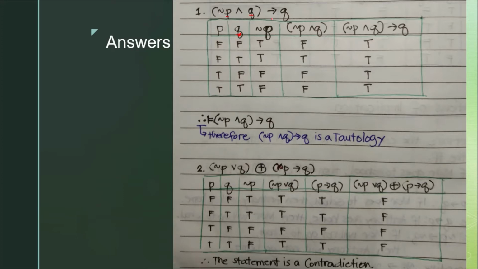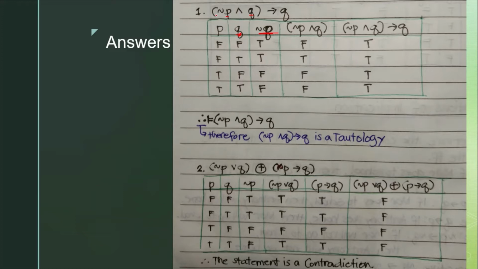So we have the conjunction of not P and Q, then Q. Since only P is being negated, we get the negation, or the inverse of P, and that's true, false, false.